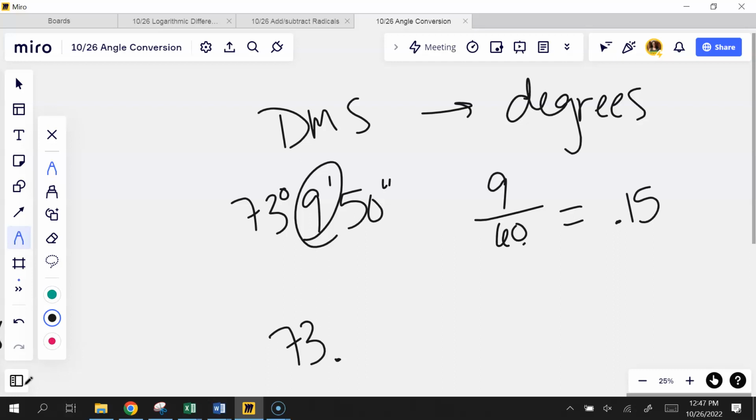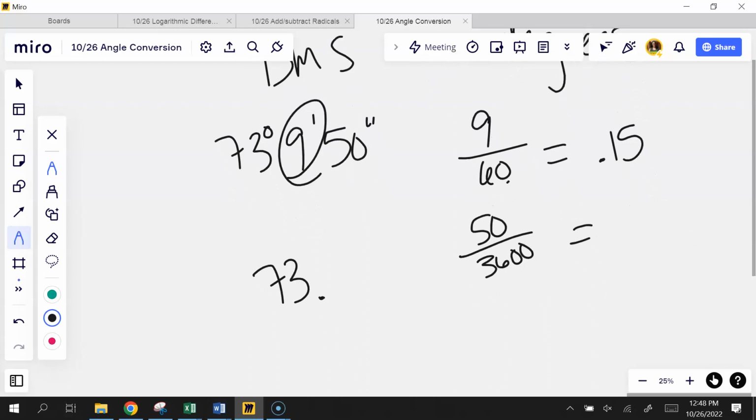Now here's the only part where it's a little bit different. Now I have to take the 50, and instead of dividing by 60, how many seconds are in a degree? And what do you get? I'm fixing to show you. 0.013. Now you add these together.